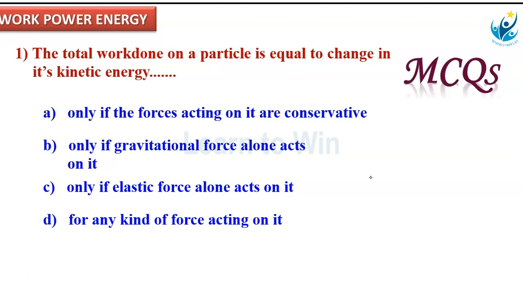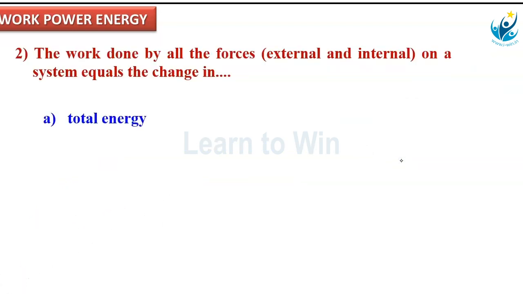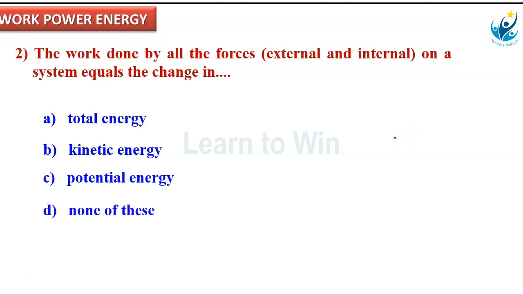That is, the fourth option is correct. The next question is, the work done by all the forces, external and internal, on a system is equal to the change in its: total energy, kinetic energy, potential energy, none of these. From the work energy theorem, the work done by all the forces on a system is equal to the change in its kinetic energy. Option B is correct.